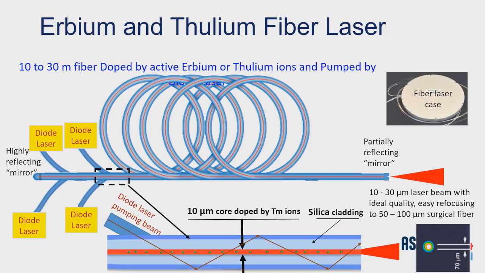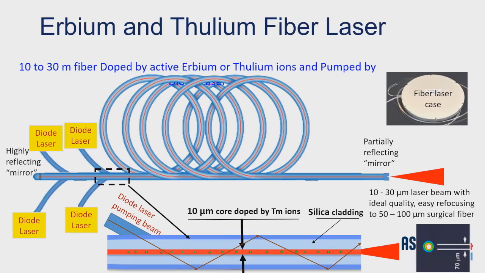What is unique with this laser? The diameter of the beam we generate here is about 10 microns, extremely small. So if we'd like to focus this beam into a tiny spot, it's very easy to do. And it's extremely stable, extremely robust and very efficient.